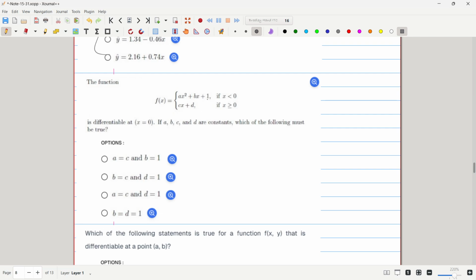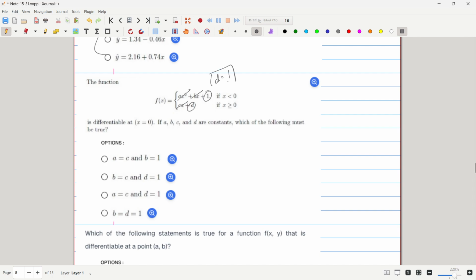Again, okay, so f is differentiable at x equal to 0, if a, b, c, d are constants, which of the following can be true. As I said earlier, just put the value of x equal to 0. If you put 0 in place of x, this will be 0, this will be 0, this will be 0.